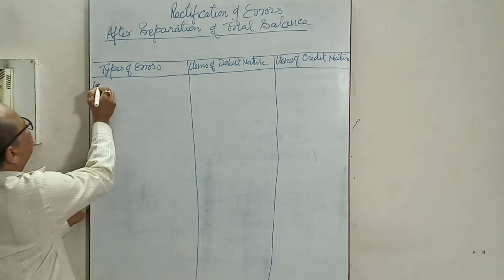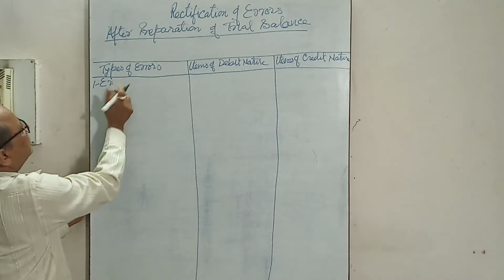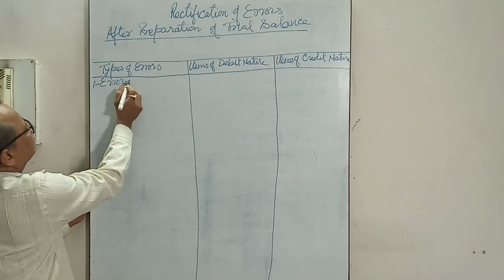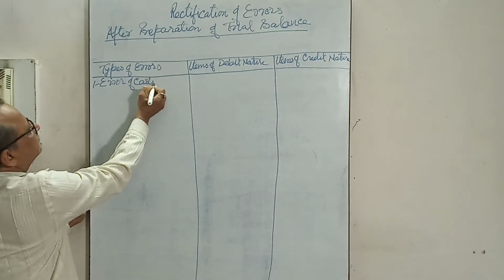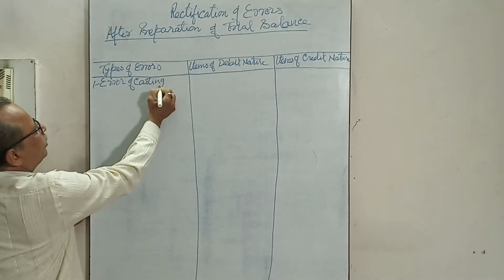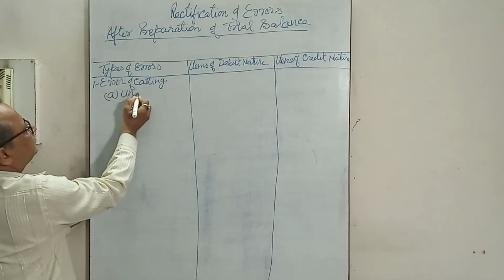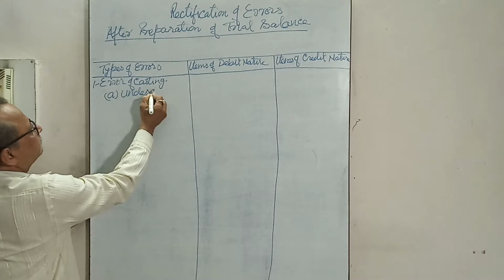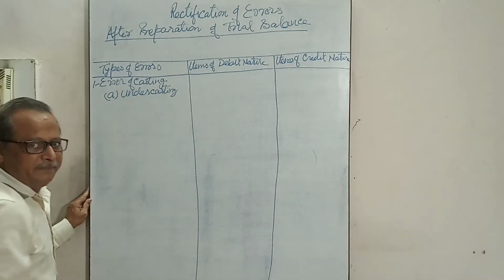Now the very first is error of casting. Error of casting, that is error of totaling. A, undercasting. Undercasting means less totaled.